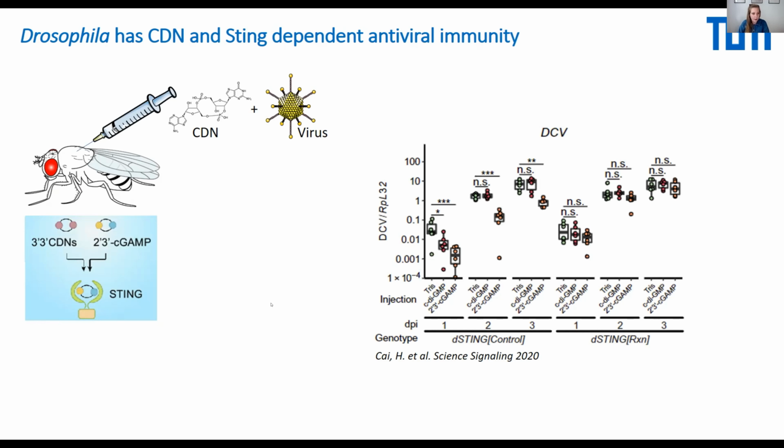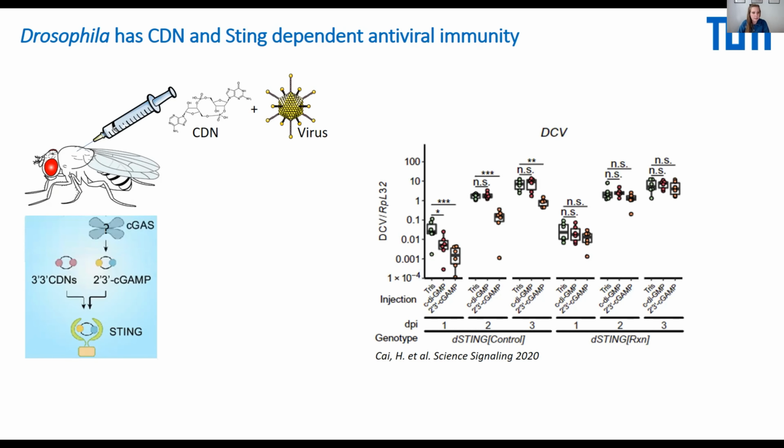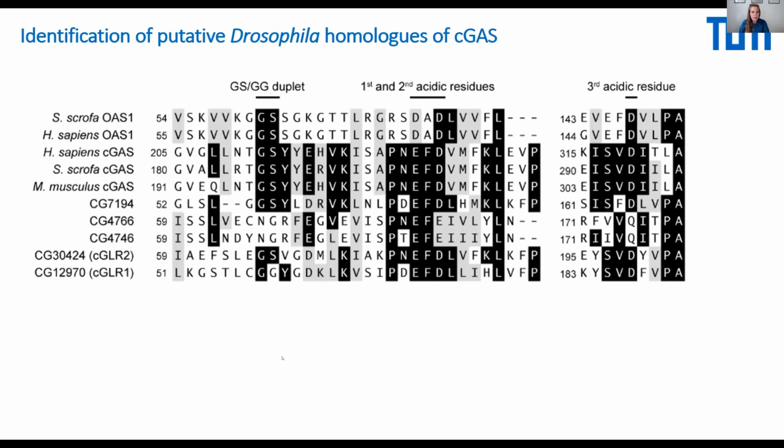So what our collaborators then wanted to know was, does Drosophila have an enzyme similar to cGAS which can produce these cyclic dinucleotides, or maybe more specifically can produce cGAMP? So they did an alignment of different genes.